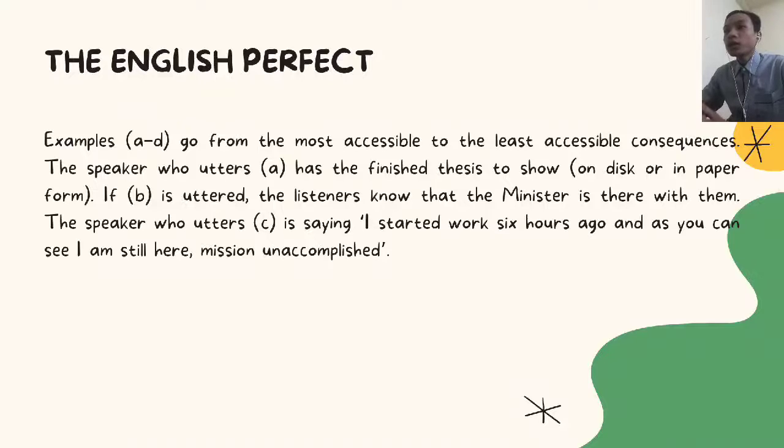Okay, you can see the above examples A until D go from the most accessible to the least accessible consequence. The speaker who utters A has the finished thesis to show on screen or in paper form.